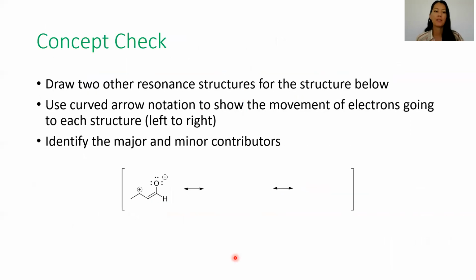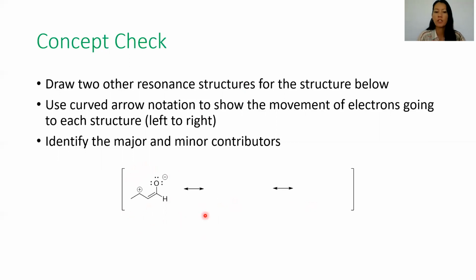Let's do our practice, and we're going to have more practice throughout the week. Here's our concept check. You are going to pause and do this, and then I'll go over it. Draw 2 other resonance structures for the structure below. This is a resonance form of a certain molecule, so there are 2 other ones. Use curved arrow notation to show the movement of electrons going from each structure.